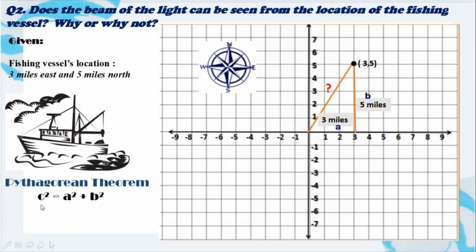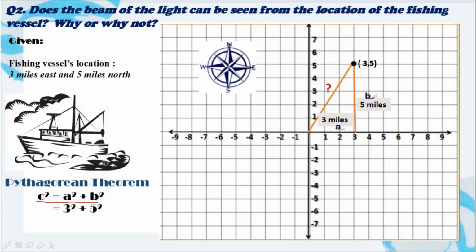To recall the Pythagorean theorem, the formula is c squared equals a squared plus b squared. We will just substitute the given a and b in the formula.